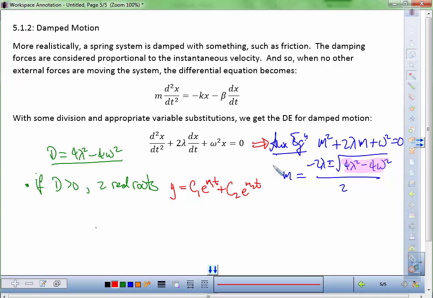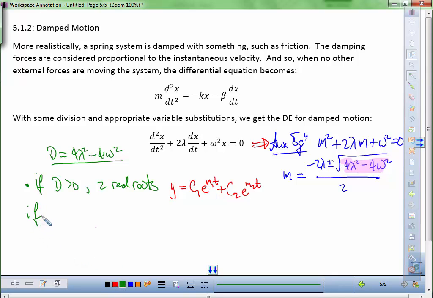Most likely, if this is a spring that's being damped, we should expect this to be decay, right? So we should expect m1 and m2 to be negative. And if they come out positive, then we might have done something wrong.